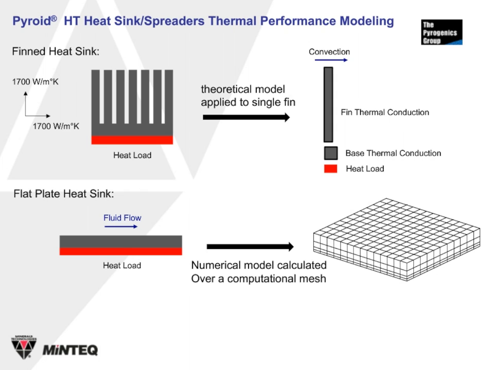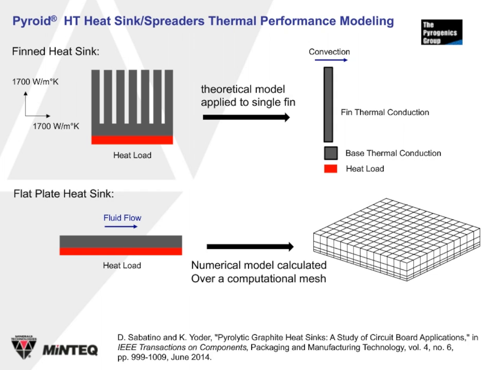The details about this modeling and the assumptions and the theory are contained in a paper that was published in 2014, which you can find online. In the paper, we explored generic situations and tried to provide generic directions of where the Pyroid HT might be beneficial. The idea of the tool that I'm about to demonstrate allows you to make those comparisons more specific.